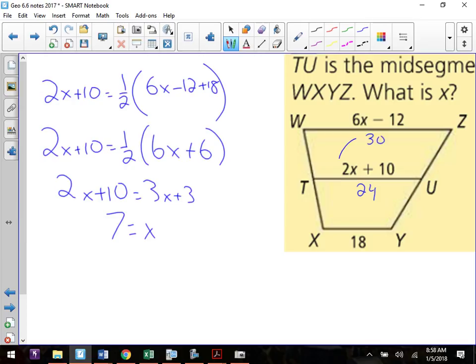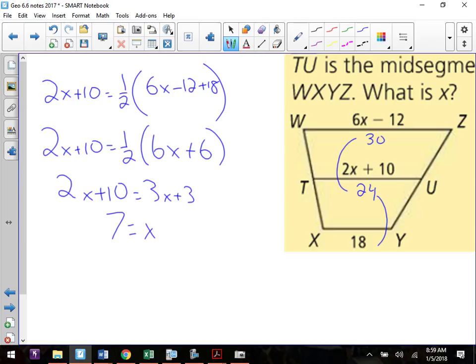From 30 to 24, do you go up or down? How much? 6. What's 6 less than 24? 18. Okay. Remember when we did that stuff with midpoints? Find the missing endpoint. You count going back and forth. The same basic principle here, guys. The same stuff we did when it was 88 degrees out versus 8 degrees out.